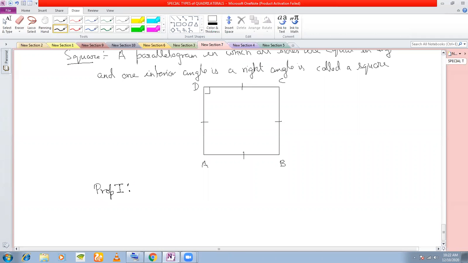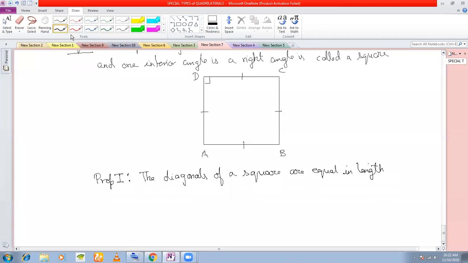The first property of a square is that the diagonals of a square are equal in length, just as in case of a rectangle.